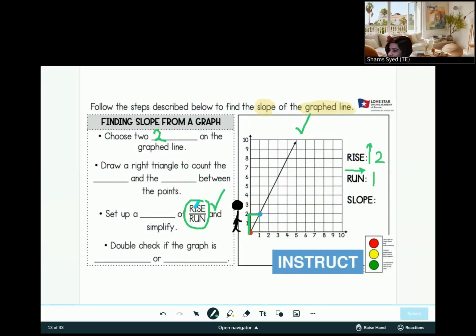See, this is the formula for slope. Rise over run. So rise is 2. Run is 1. Can I say slope is 2 over 1? That's all. Anybody confused? That's slope. Slope is 2 over 1. And normally anything over 1 is the number itself. So it is 2.